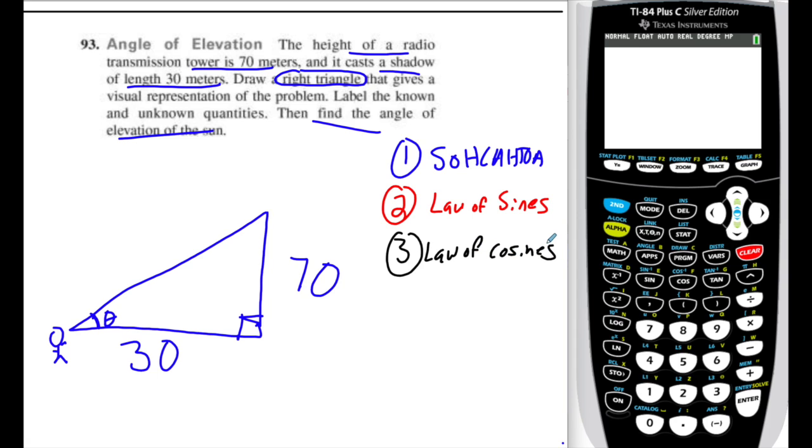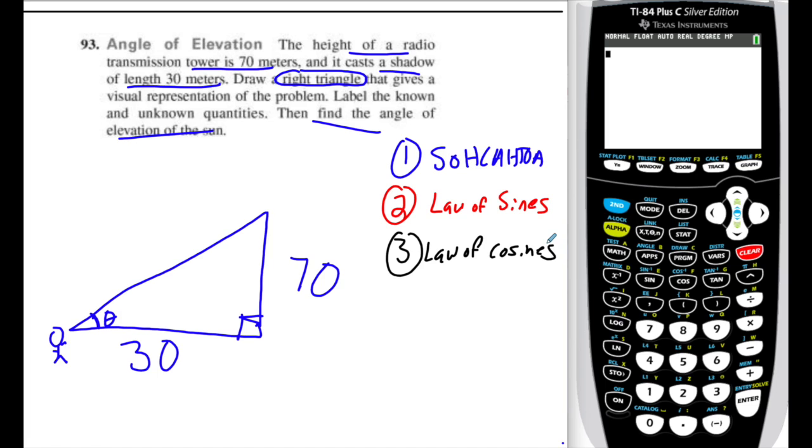The reason I'm doing it in this order is based on the level of energy that you need to invest. SOHCAHTOA is the most straightforward way to solve any of these problems, but you need a right triangle. Law of sines is relatively the second most difficult because of the notion of ratios and such, and because it generally does not involve a right triangle, okay?